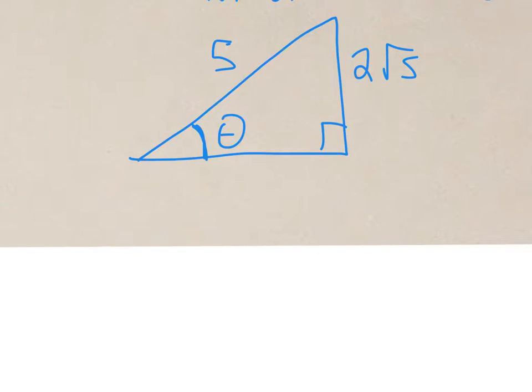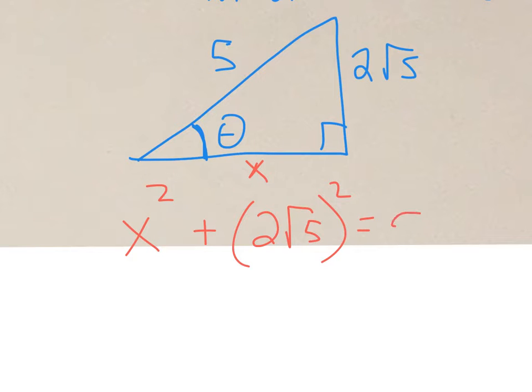So all I have to do to find my secant is calculate the x value. So I'm going to apply some Pythagoras. x squared plus 2 roots of 5 squared equals 5 squared. So I need to square this mixed radical, and I square a mixed radical by squaring each part and then multiplying them together.